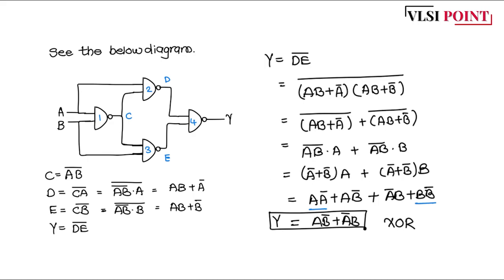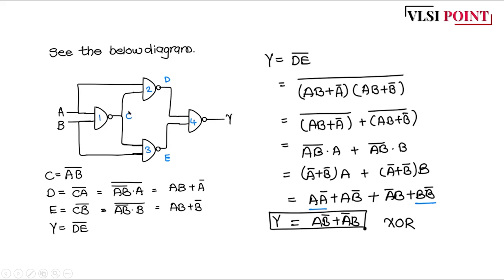So this is a pictorial representation of the XOR gate using NAND gates. If you see, we can implement it with 4 NAND gates. To prove it, you can see over here C is the output of the first gate, that is (A·B) bar, the first NAND gate.